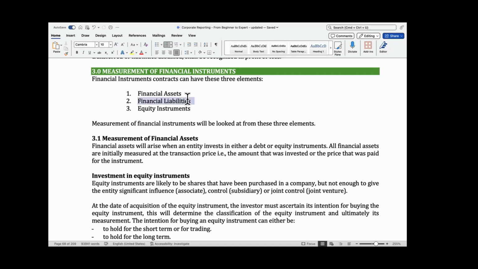Then for financial liability, I told you basically, initially it is measured at net proceeds, or of course, transaction price, because here you are borrowing money. So we say initially it is measured at net proceeds. Net proceeds in the sense that if you had to involve a stockbroker to help you borrow, the guy will collect money, he will charge you.